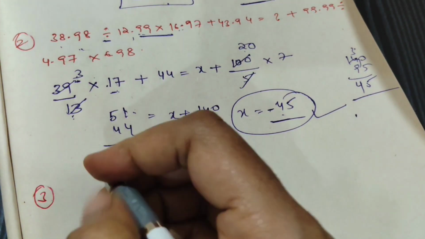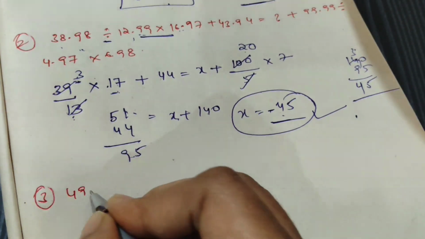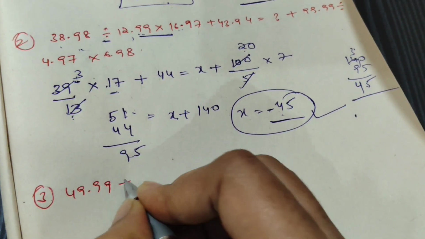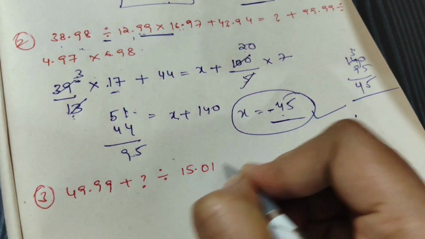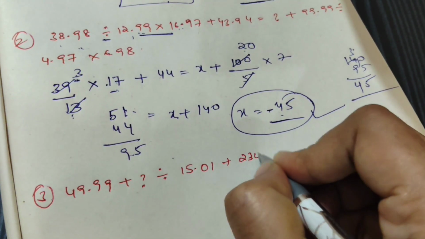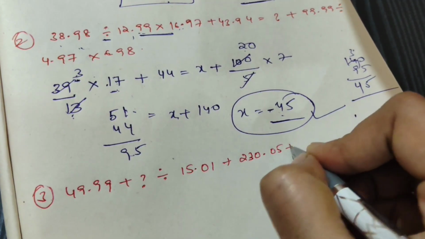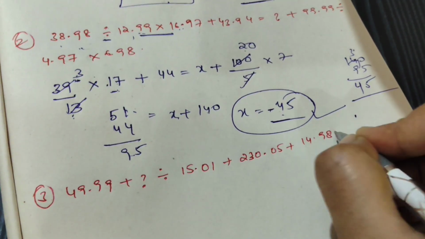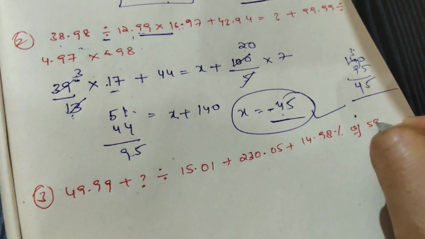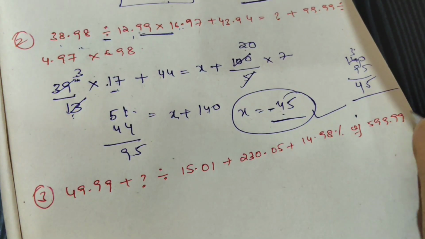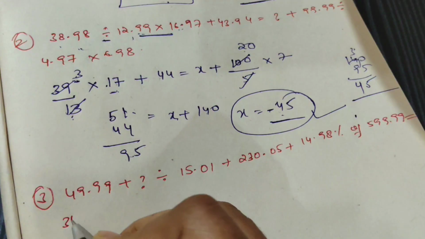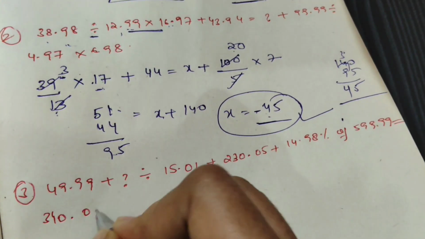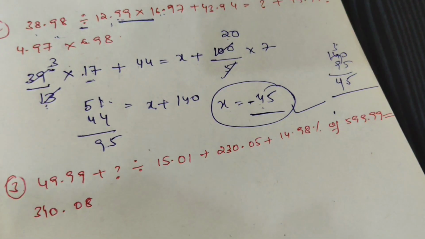Okay, third question: 49.99 plus 230.05 plus 14.98% of 599.99 equals 340.08. These are all previous years' questions, not random questions.